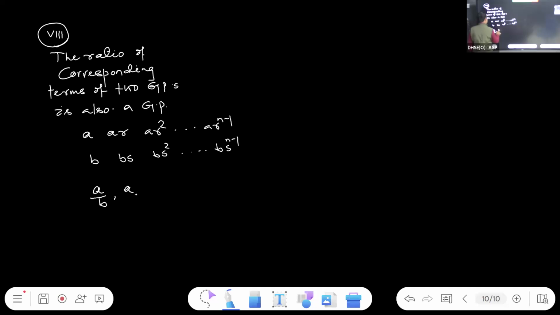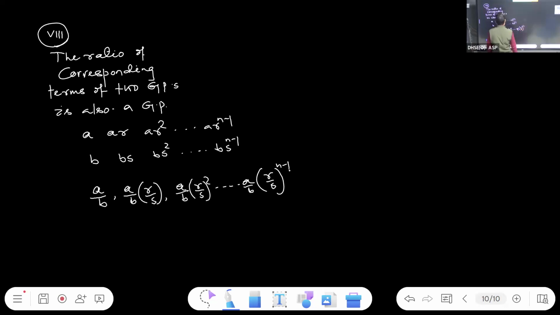Second term will be a upon b times r upon s. Third term will be a upon b times r upon s whole square. And the last term of the sequence will be a upon b times r upon s to the power n minus 1. Hence the sequence is a GP.